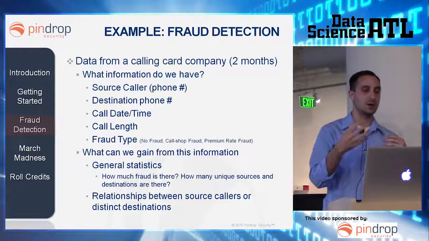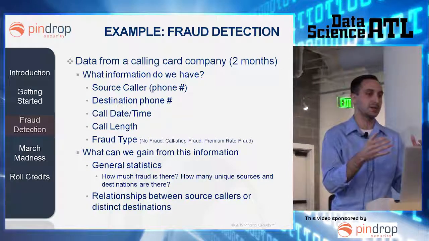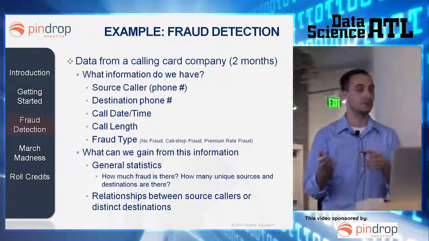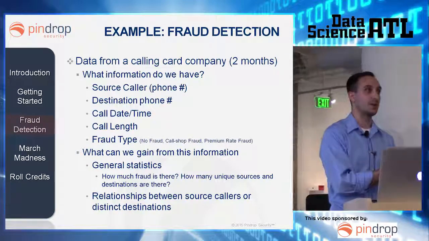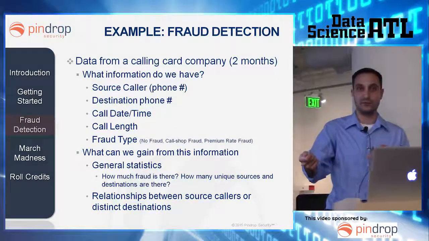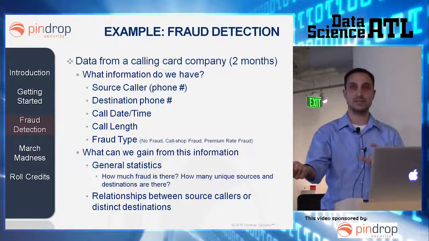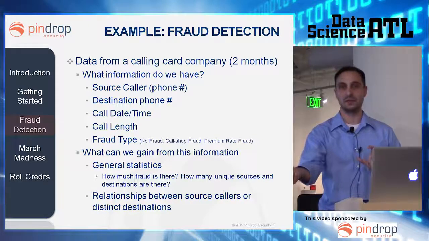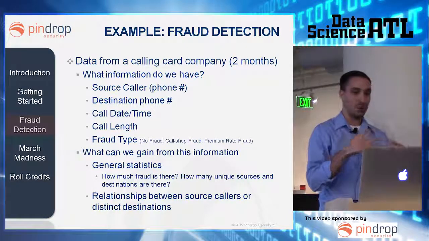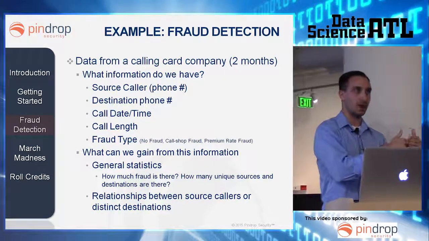This calling card company was seeing fraud, and essentially there are two types of fraud. One is call shop fraud, and the other is premium rate fraud. Call shop fraud is where somebody steals a card and then sells that card to some unknowing end user. So they're using somebody's minutes, but they don't know that they're using somebody's minutes. Premium rate fraud is where the fraudster is actually taking over the calling card company.